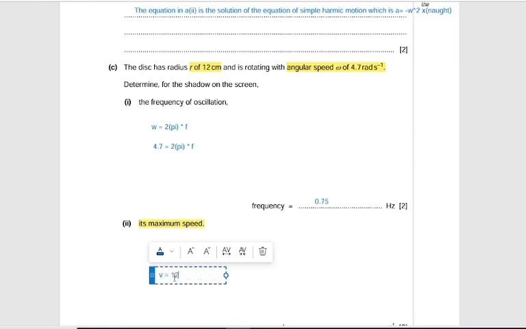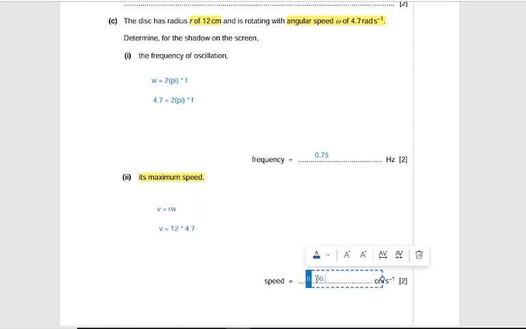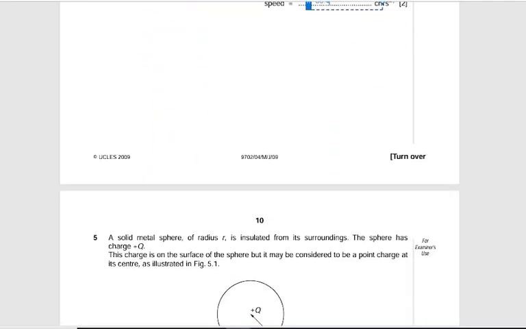I'm not converting it into meters, so the units, my bad, are centimeters per second. So 12 into omega, which is 4.7, and the answer you get is 56.4. And this is it for the second part as well.